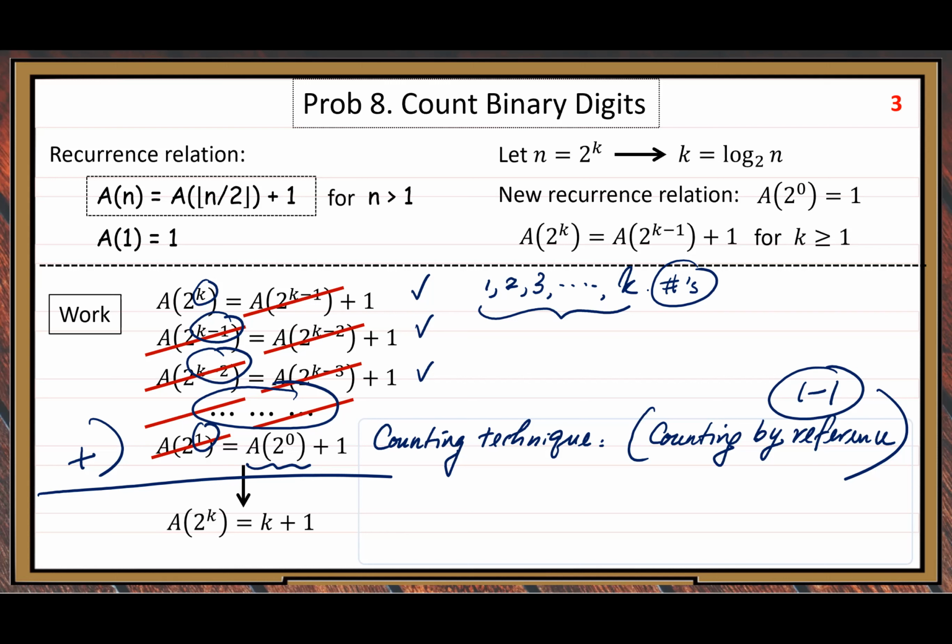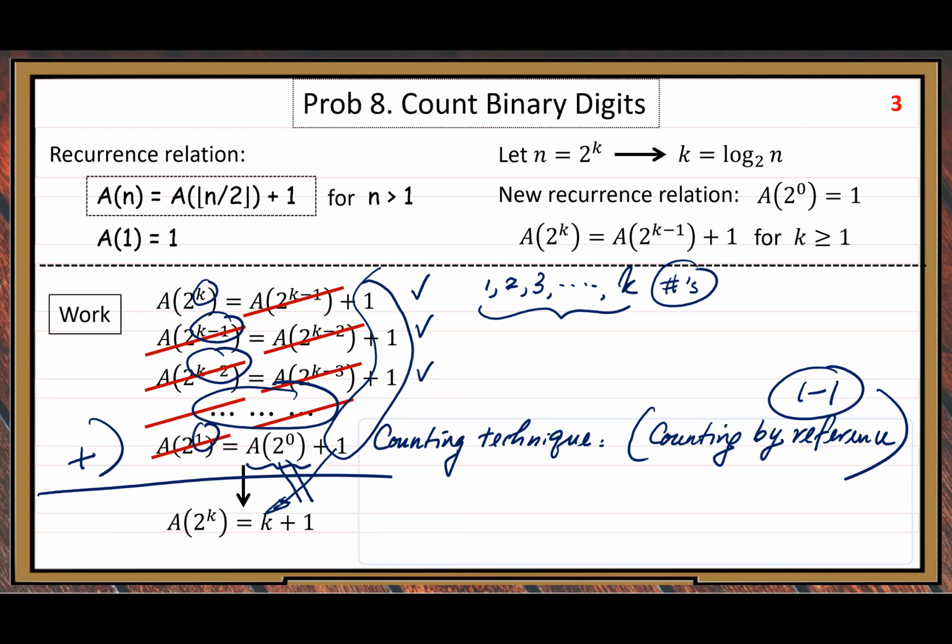A of 2 to the kth equals k plus 1, because the base case equals 1, and there are k ones. So that's the k part. K plus 1, that is the answer, an exact number.